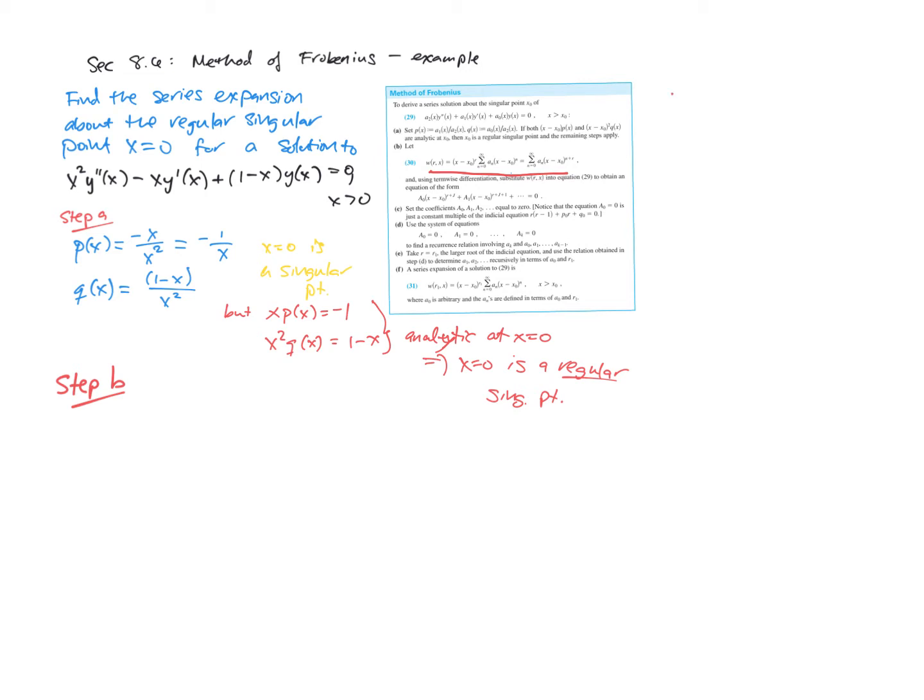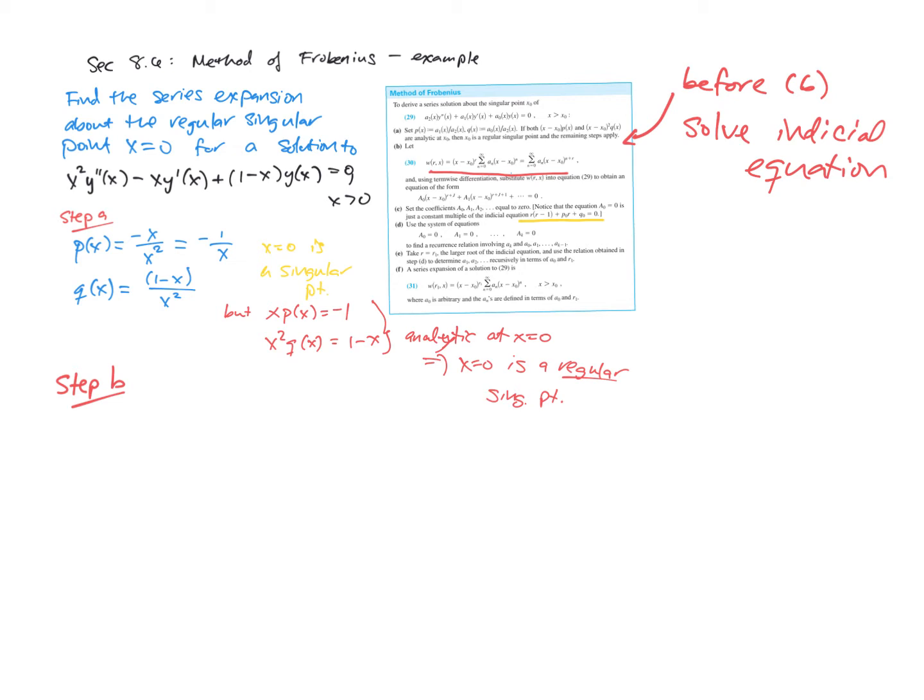So I'm going to insert a step before B. We're going to solve the indicial equation. And that's what they do in the examples in the book. I'm not really sure why they put this down here when the indicial equation falls out of step C. But I think it'll be more useful if we solve it first.